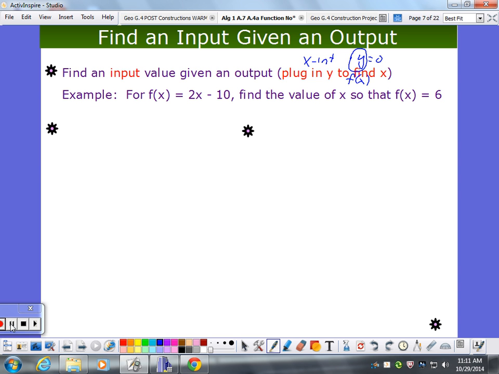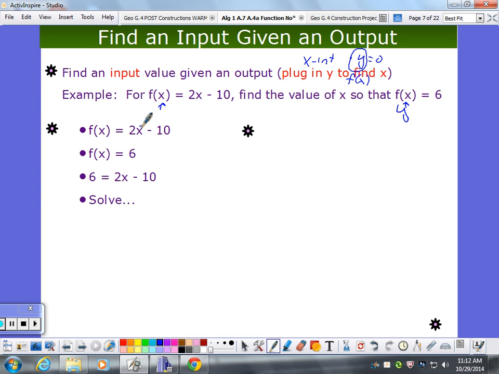So if f of x is 2x minus 10, find x. I don't know this, so I'm not just plugging in something. Find x such that f of x, which is another name for y, equals 6. So basically, you know your output, find your input. You with me? So how does that work?